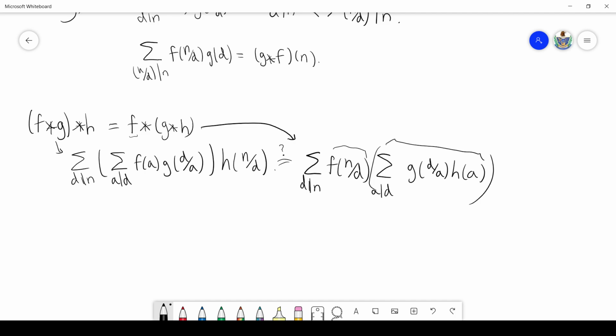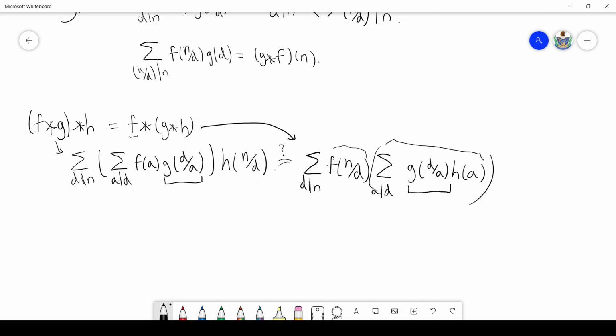And the way to see this, and in particular the reason why I wrote it this way, there are some choices I made in writing this, valid choices, of course. Here we have this common term of g of d over a.